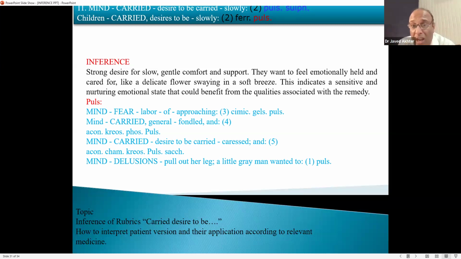Why? Here is a rubric, fear of labor of approaching. Labor means there are efforts. It may not be great efforts when approaching. When you take the medicine, it may give other efforts, fatigue. This patient fears this, and therefore he demands gentleness.